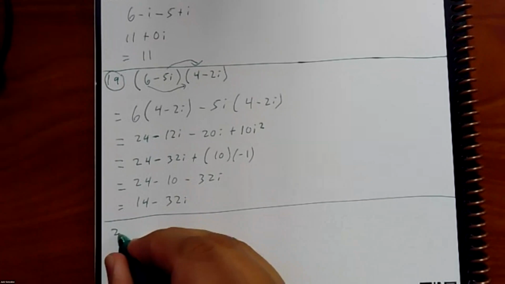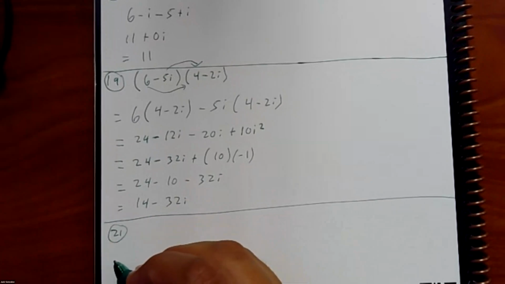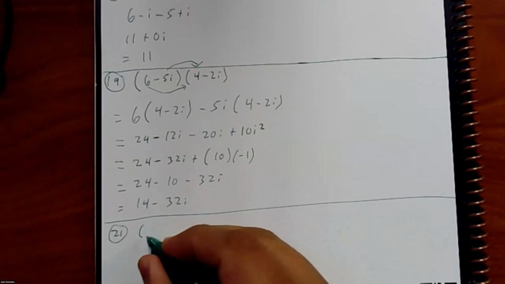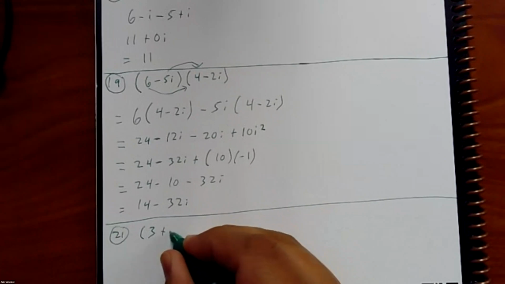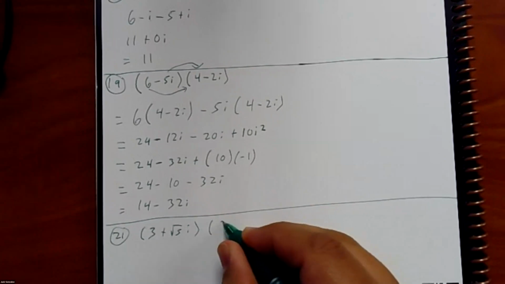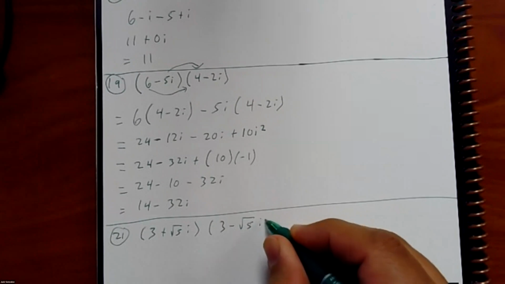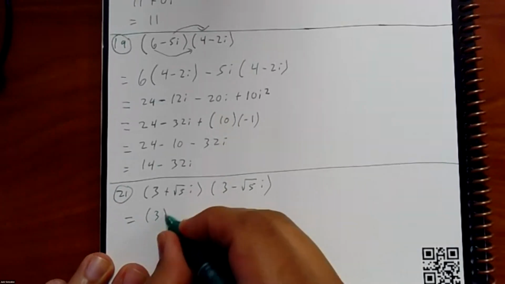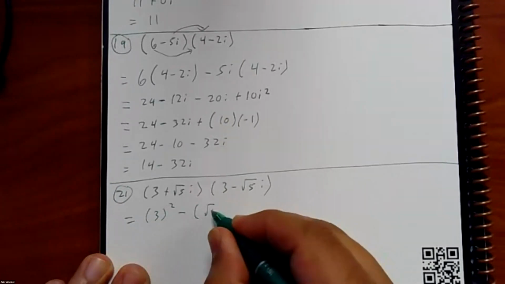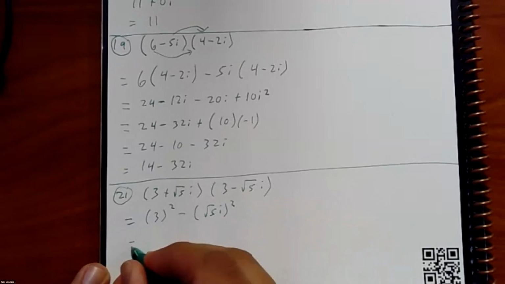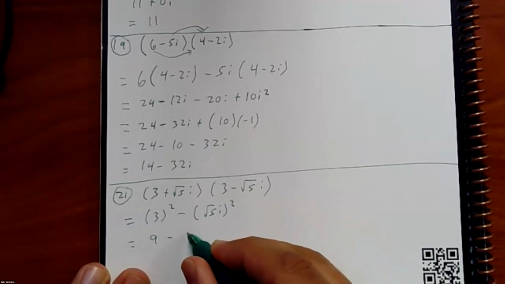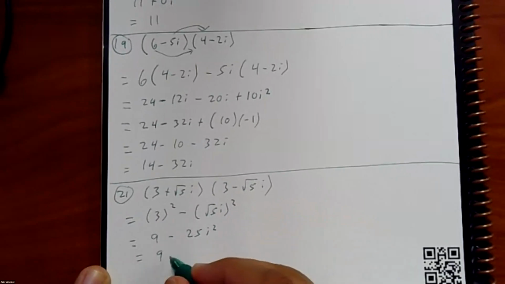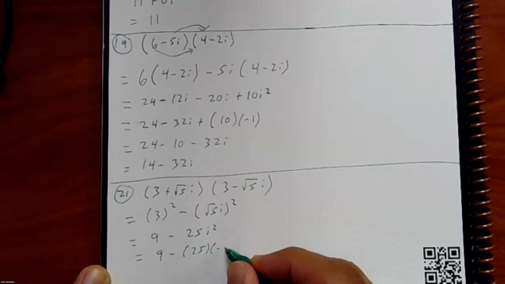Number 21. Here are two conjugates, right? 3 plus square root 5i times 3 minus square root 5i. So that'll be 3 squared minus this squared. That'll be 9 minus 25i squared, which is 9 minus 25 times negative 1.